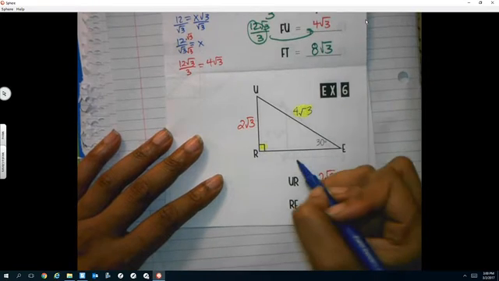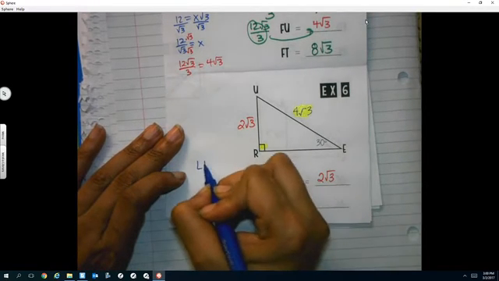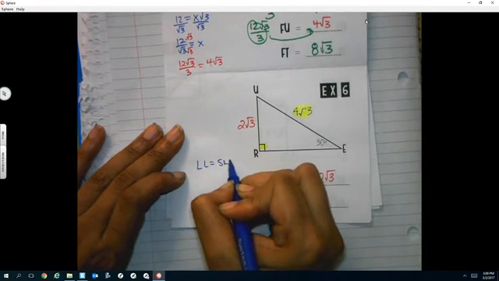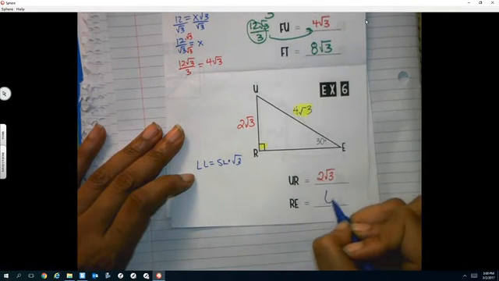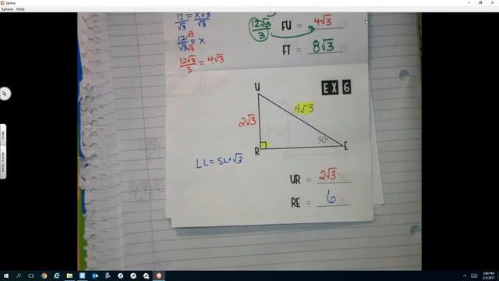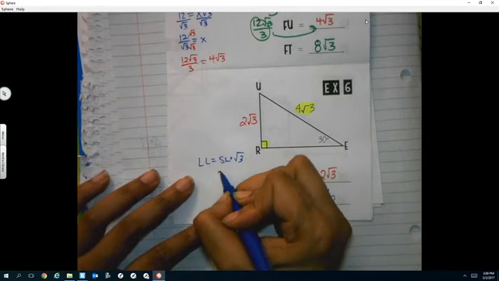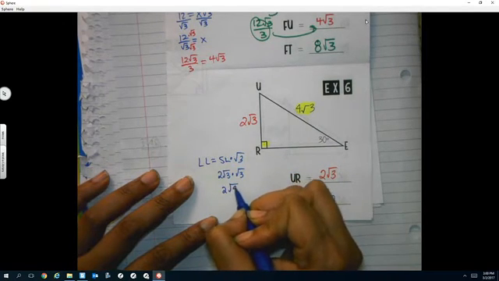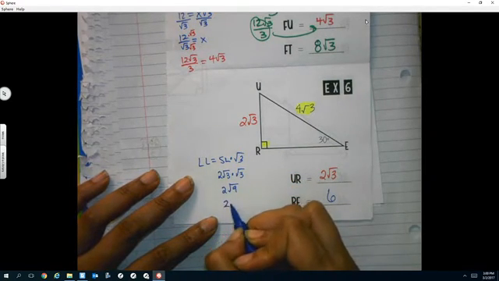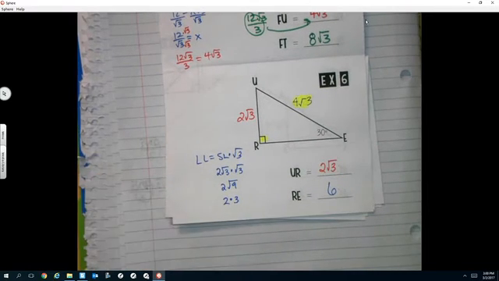And now to get to the long leg is just basically that short leg times radical 3. So it comes out to be a whole number of 6. Because if I substitute in, we have 2 square root of 3 times square root of 3. Well, the square root of 9 is perfect. So 2 times 3 is 6. But we should know that by now. Okay?